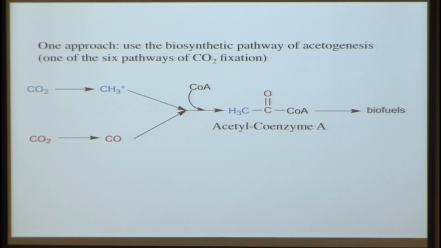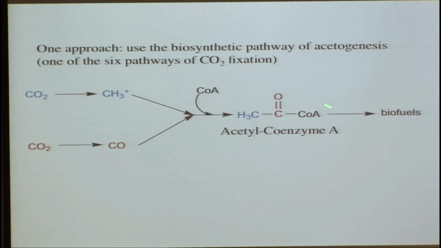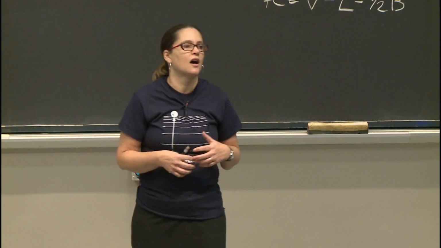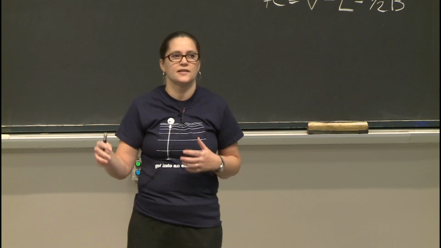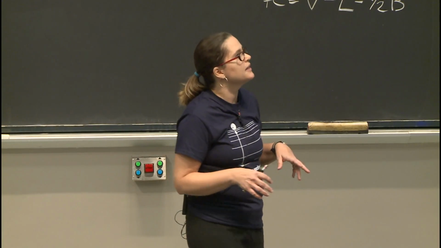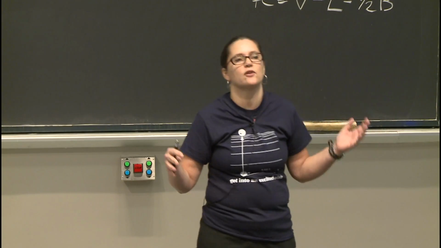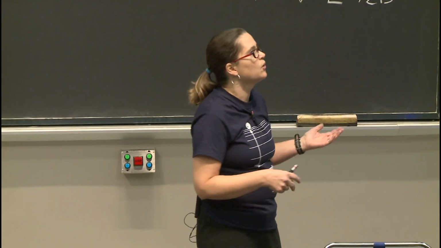So acetogenesis makes acetate, or what's known as acetyl-CoA, that's coenzyme A. And this is considered the most ancient pathway of carbon fixation, from before the origins of life, a high-CO2 environment, where maybe this was one of the first reactions that generated metabolic fuel.